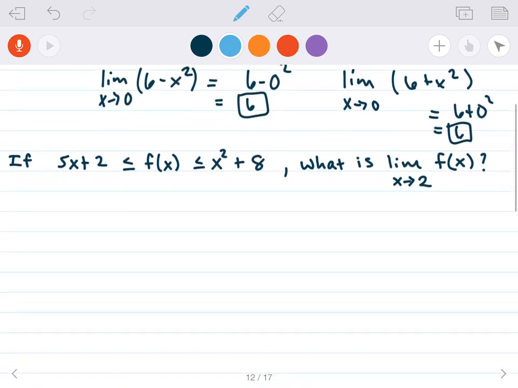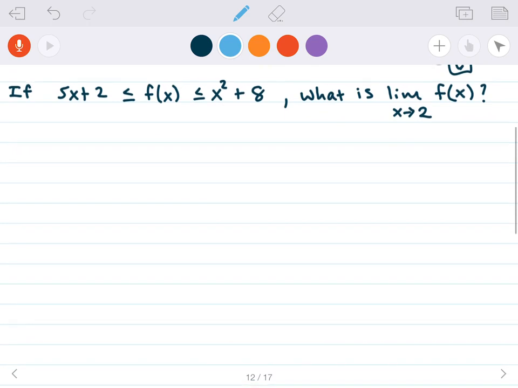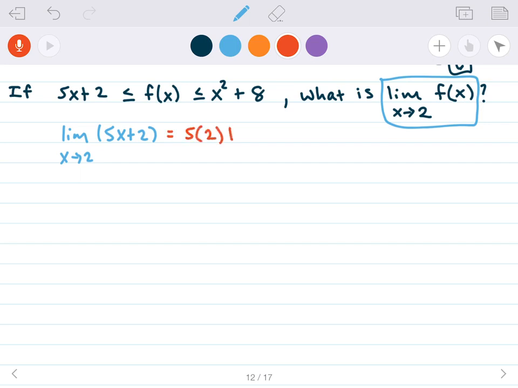I encourage you to pause the video and see if you can get this one. So we want to know the limit of f of x as x goes to 2. Let's first take the limit as x goes to 2 of the leftmost function, 5x plus 2. This is continuous, so we can just plug in 2 for x to get 5 times 2 plus 2, which is 12.